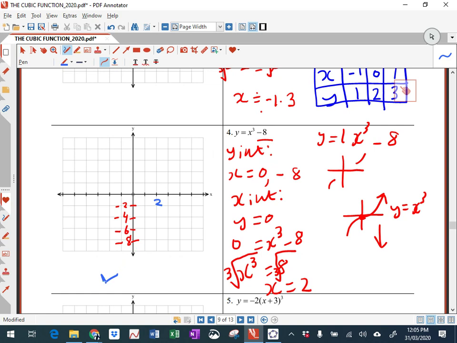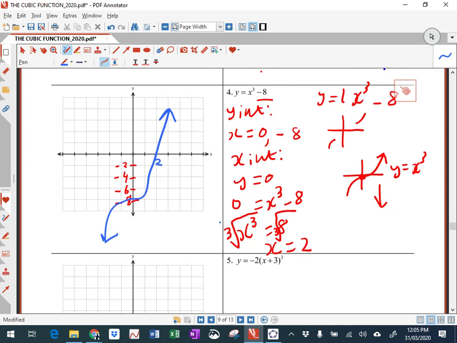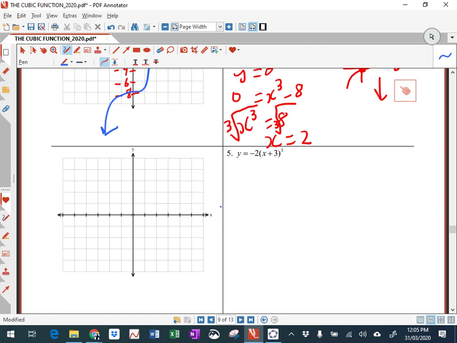So maybe I'm coming up through here, then horizontal at the point of inflection at -8, and then coming up through, whoops, there we go, good enough. There shouldn't be a little kink there. It should just go straight up. So there's your function. And yes, you could do a table of values if you wanted to, but I think the only points you really need to show there will be the x-intercept and the point of inflection. Okay, now what about this one here?